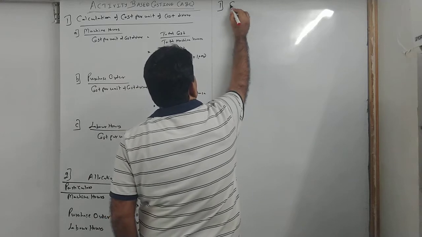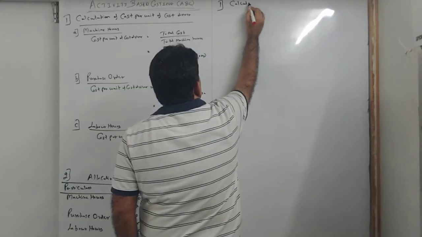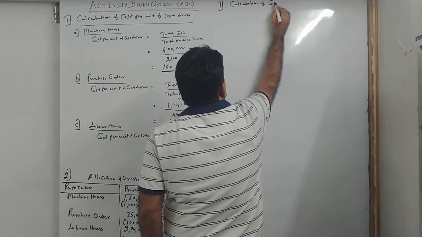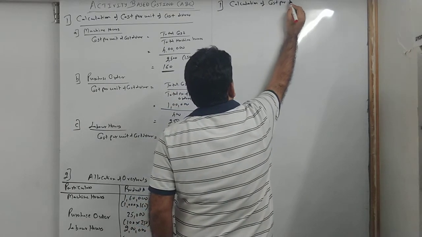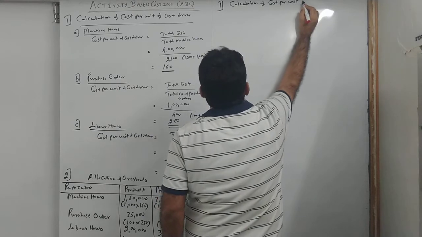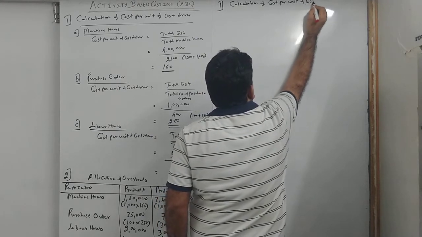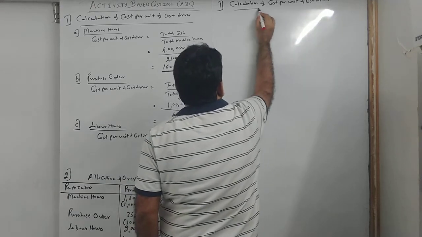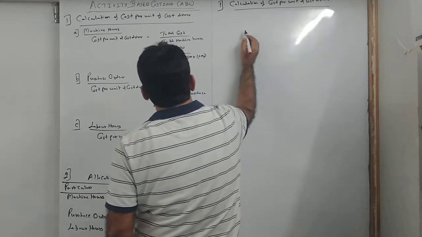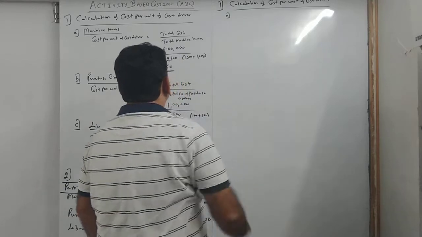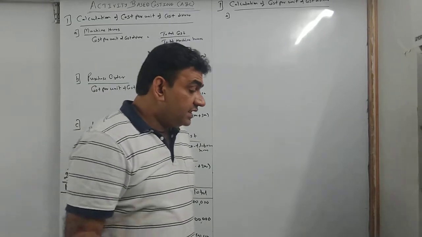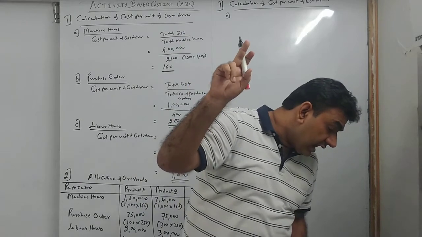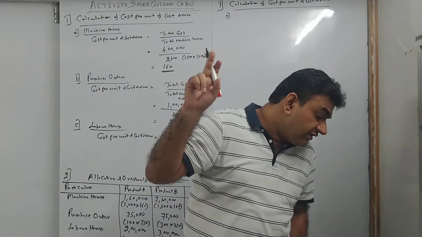First, calculation of cost per unit of cost driver. Okay. A. Now see, what is my base? Now power is my activity, but cost driver क्या है?